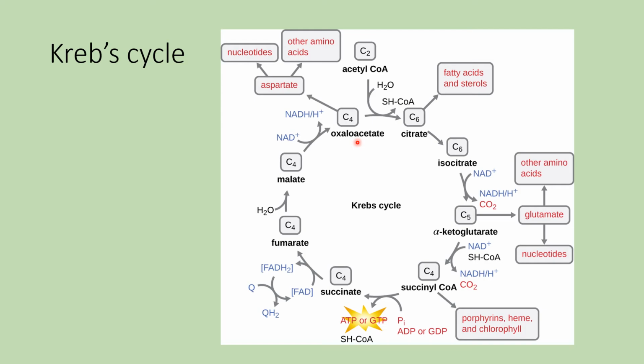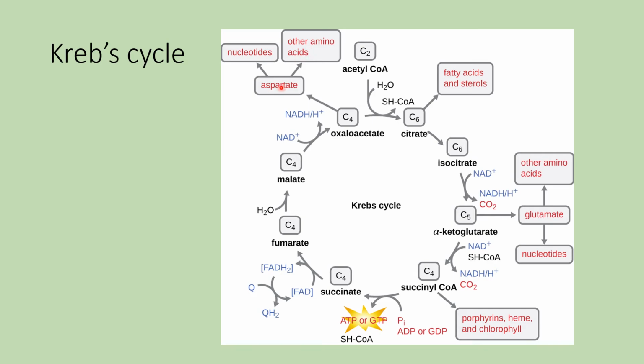Now you had 2 pyruvates that you generated from glycolysis. We're going to base everything per glucose molecule. So if you had 2 pyruvates, that means you go around this 2 times because you had 2 pyruvates feeding into this.